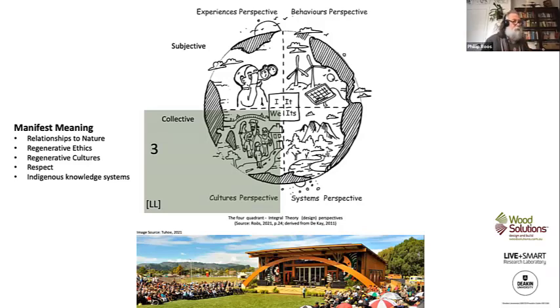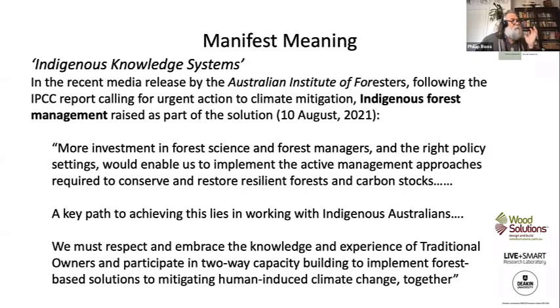Our cultures become regenerative, and respect indigenous knowledge systems. And again, this is very clear. This image shows you how the community and all those meanings of what that whole project is for the community come together as part of applying the indigenous knowledge systems of the Tao. So manifest meaning in indigenous knowledge systems is really important for us.